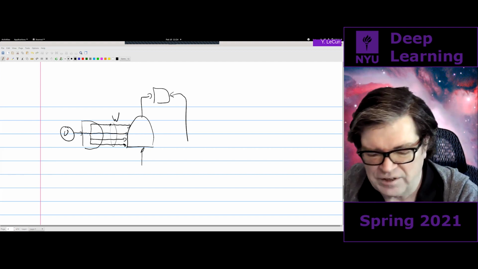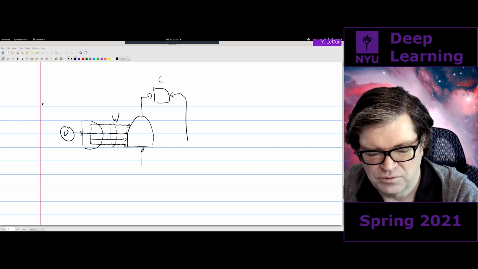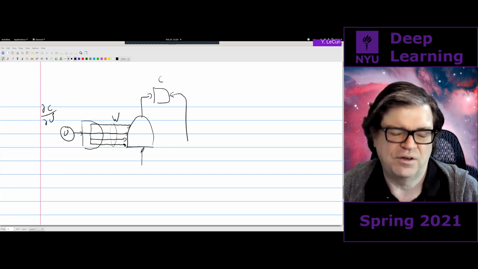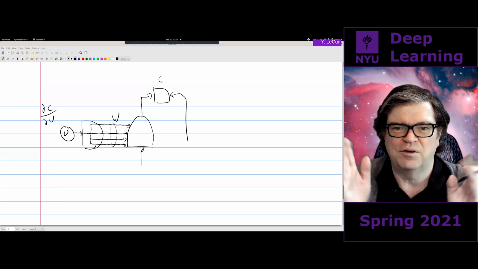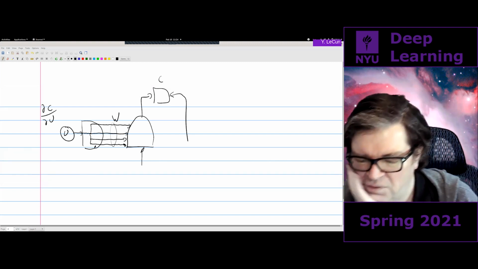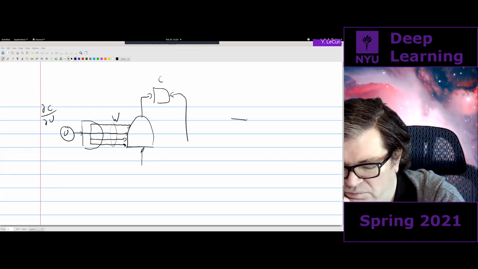So to get the gradient of the cost function with respect to U, what do I need to do? In other words, how do you backpropagate gradient through a module that does nothing but just copy a bunch of variables? Okay, so let me take a very simple example.